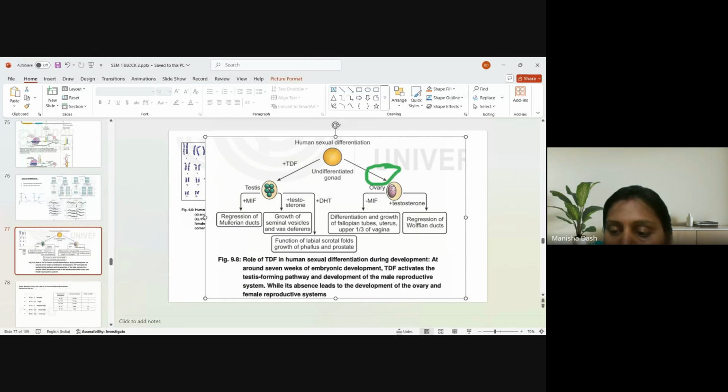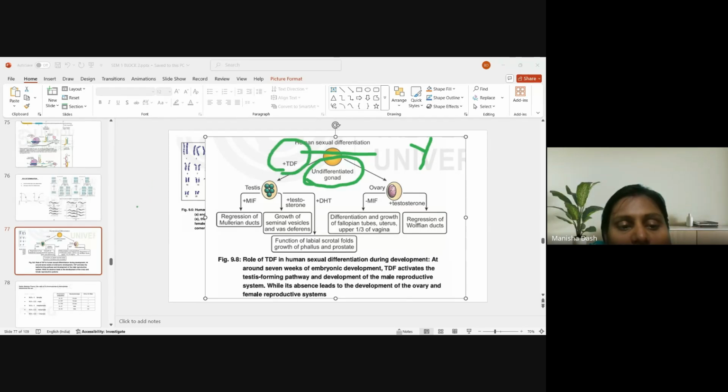So what is the mechanism? You can have a look at how exactly maleness and femaleness are determined. In human sexual differentiation, the undifferentiated gonad has not yet developed into either testis or ovary. If the individual has a Y chromosome, it will release the testis determining factor, which will promote the development of testis.